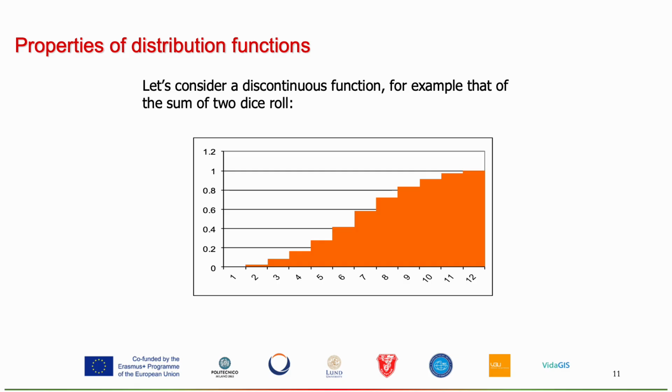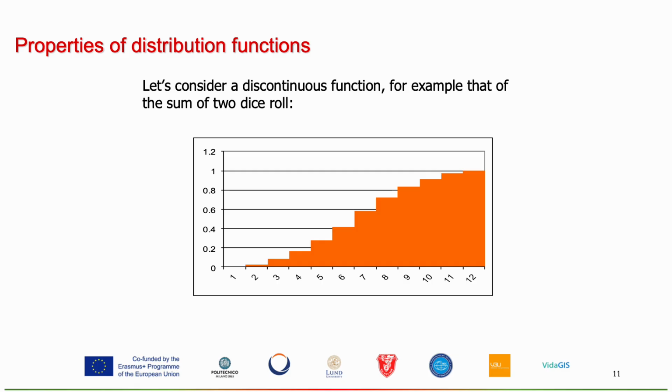Now, we can define the probability that f of x tends to 3, but in the meaning of x smaller or equal to 3. In this case, the probability is 3 over 36. Now, the last limit we can consider, the limit of f of x for x that tends to 3 from the right, so 3 plus.